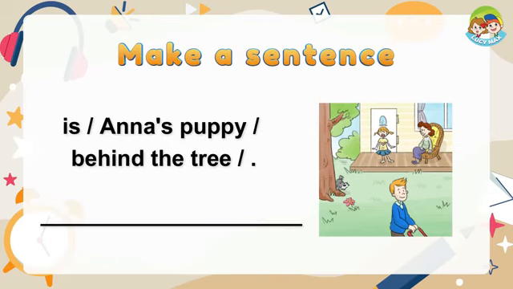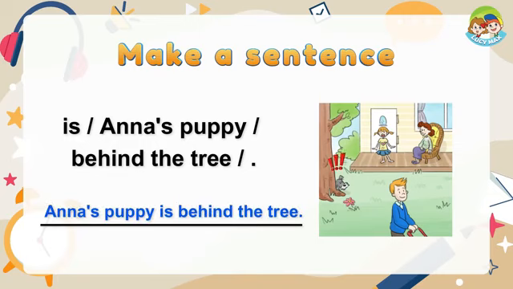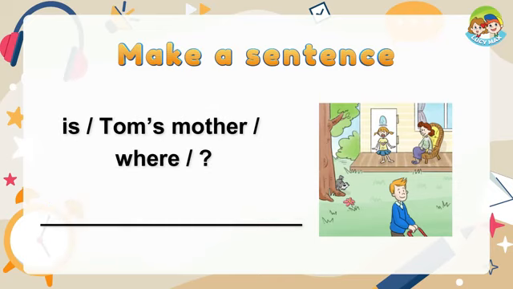Is, Anna's puppy, behind the tree. Anna's puppy is behind the tree. Is, Tom's mother, where?